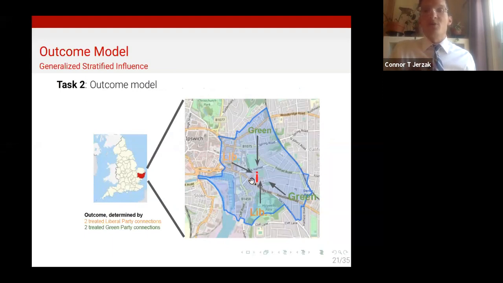We don't want the outcome just to be a function of the sum of treated connections, because in a dynamic like this, we might imagine that in a competitive setting, treated connections in one group and in another group could have opposite effects if these groups are competing with one another in some way. So instead, we'll try to loosen that to some extent by assuming that these latent classes, or the sum of treated units within the subgroups, is ultimately what will matter for the outcome.